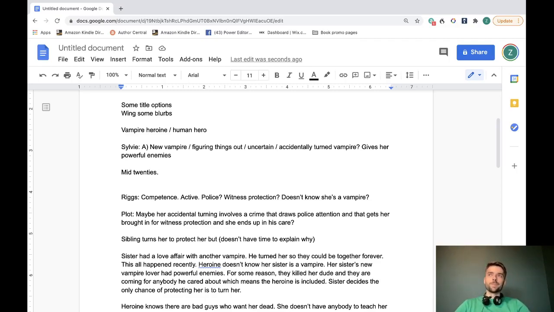It would be interesting actually. Maybe instead of strictly being turned to protect her from the other vampires, maybe she was sick her whole life, like some kind of immune disorder that made her stay home a lot more. And part of the reason her sister turned her was to cure her. That's kind of cool. I don't know if that actually changes anything in the story though.